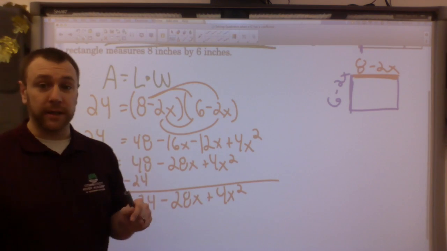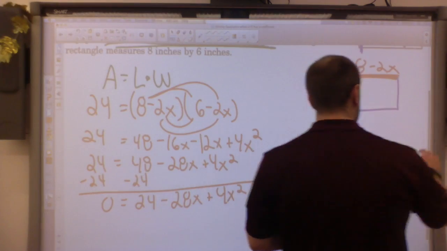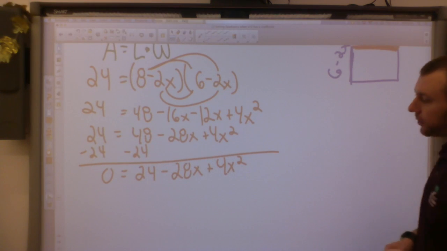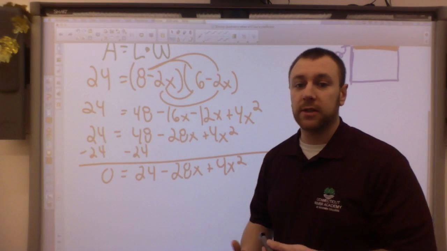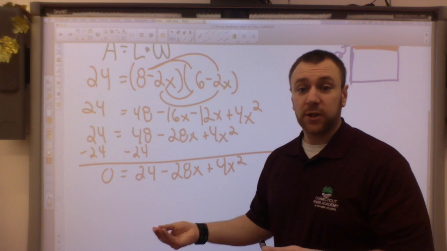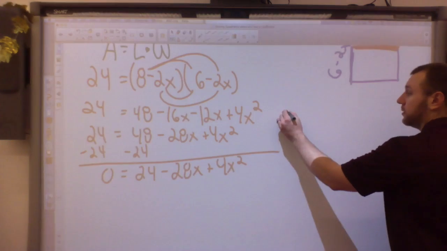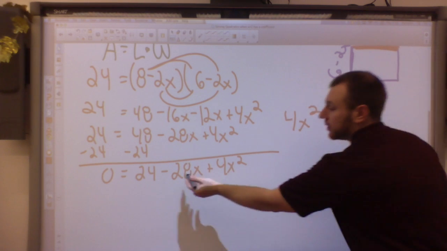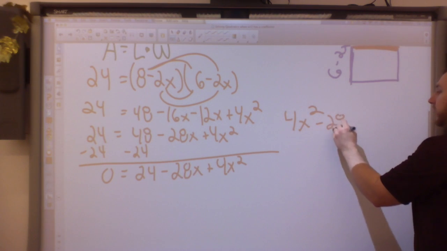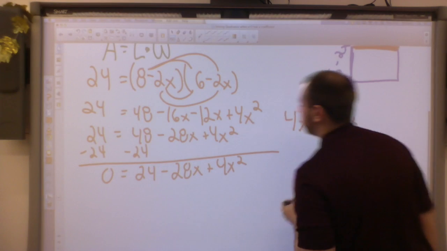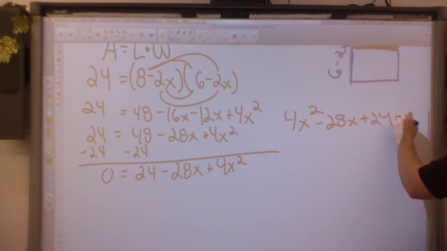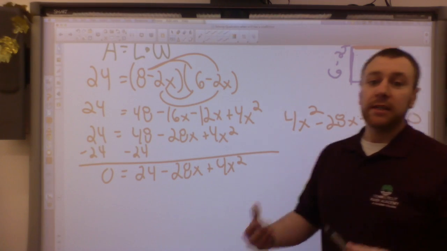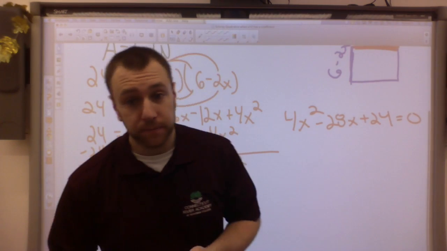So let's rearrange it. We can always rearrange it into something that we know. So typically we always start off with our x squared term. So it's a positive 4x squared minus a 28x plus 24 equals 0. Now I get to factor.